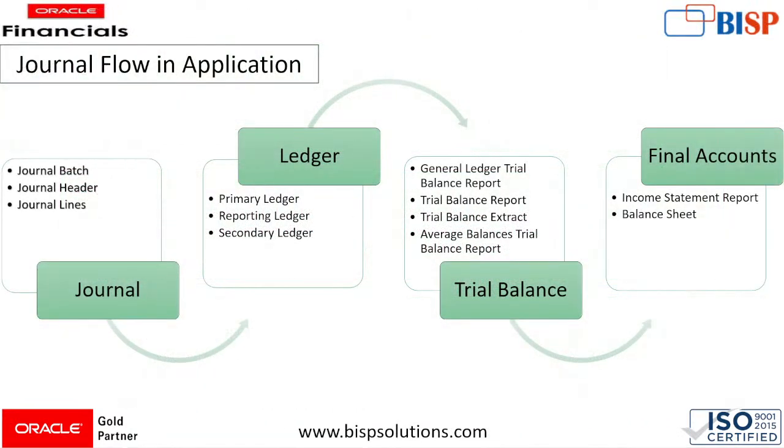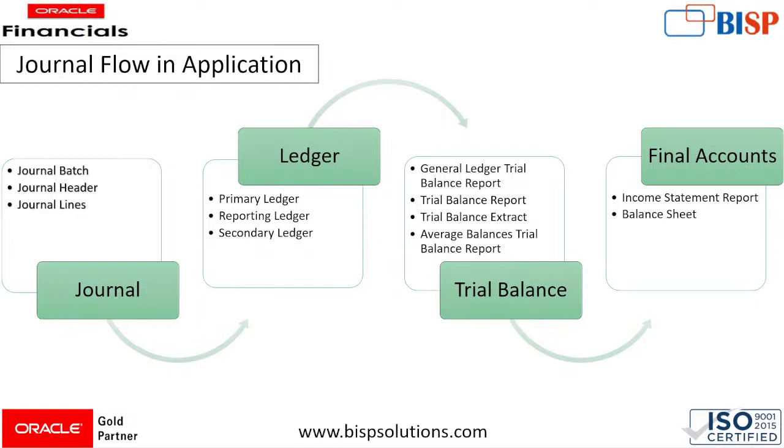Now we will see the journal flow in the application. In the journals, you have a journal batch, journal header and journal lines. You can have one batch with multiple headers and lines, and you can also enter multiple currencies.